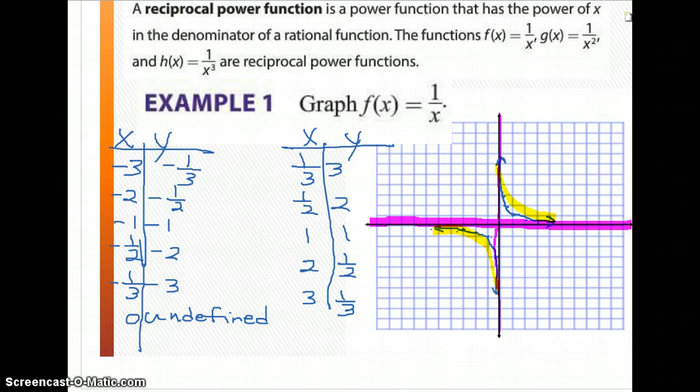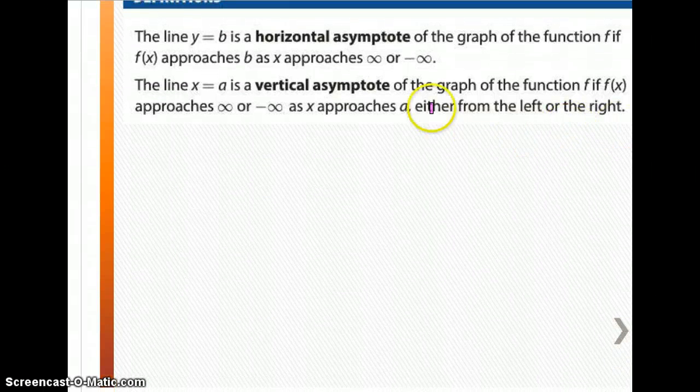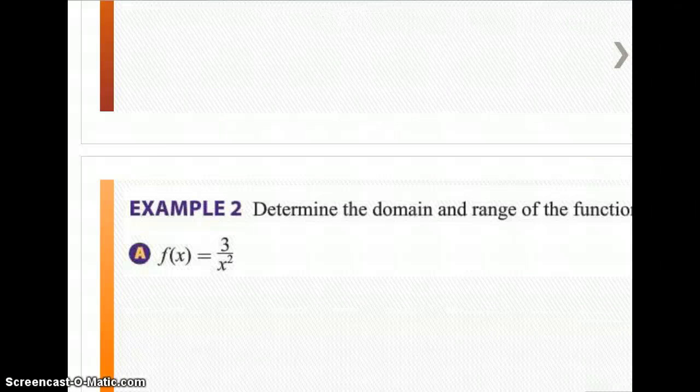Here are the definitions. Horizontal would be y is equal to something, and vertical would be x is equal to something, because it means the x never changes.